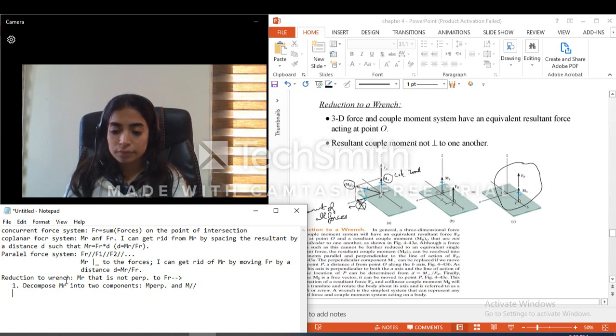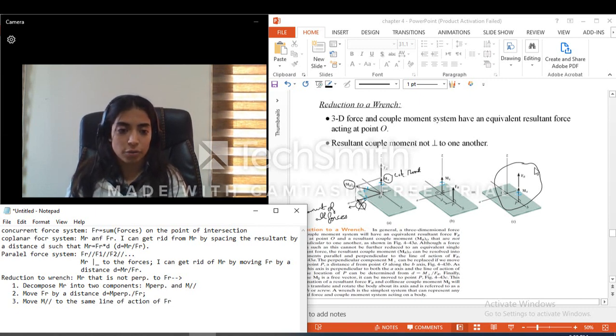And then two, move FR by a distance D that is equal to M perpendicular over F resultant. And then three, move M parallel to the same line of action of F resultant as in this figure here.